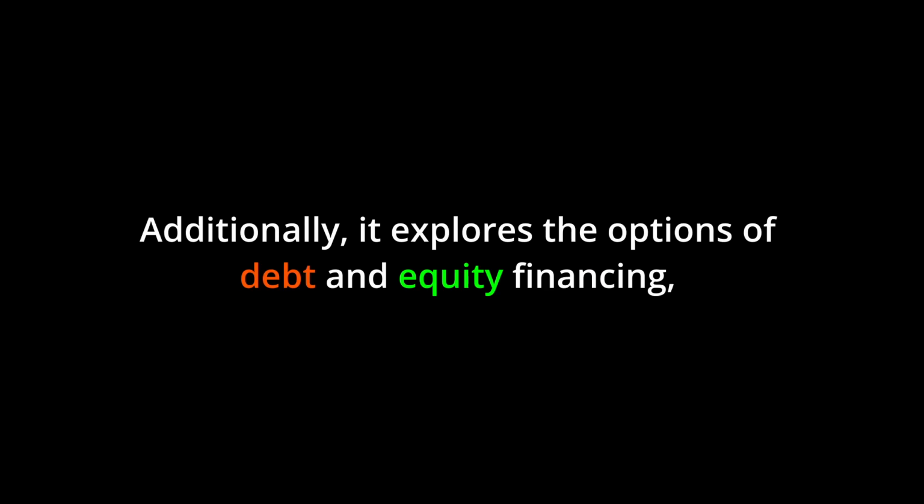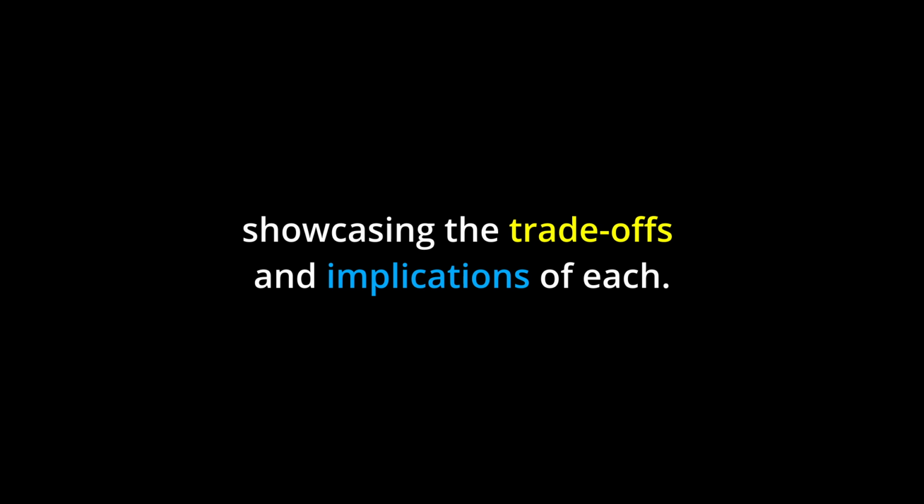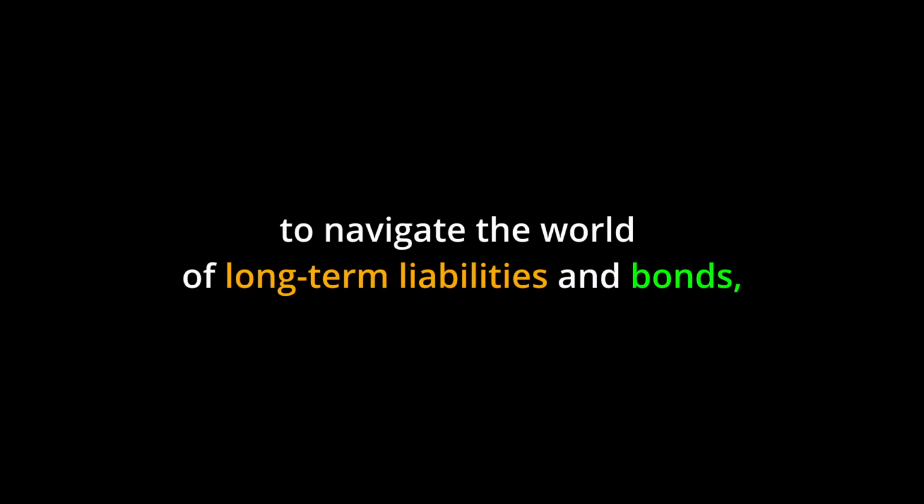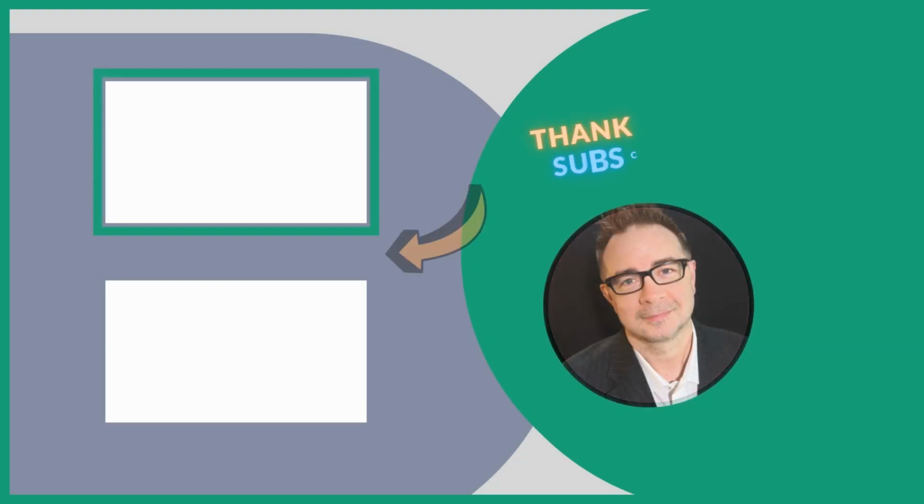Additionally, it explores the options of debt and equity financing, showcasing the trade-offs and implications of each. Overall, this chapter equips you with the knowledge and understanding necessary to navigate the world of long-term liabilities and bonds, empowering you to make sound financial choices for yourself or your business.